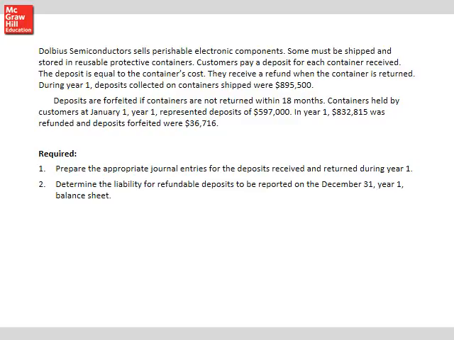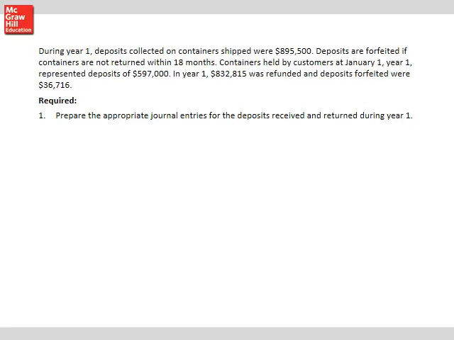What we need to do here is prepare the appropriate journal entries for the deposits received and returned during year 1. And then number 2, determine the liability for refundable deposits to be reported on the December 31st, year 1 balance sheet.